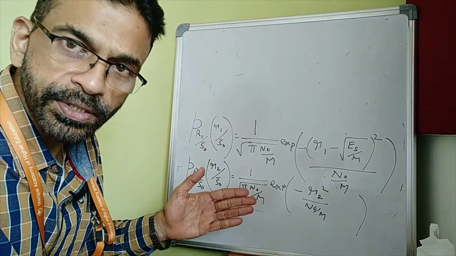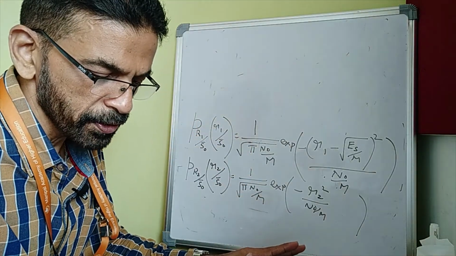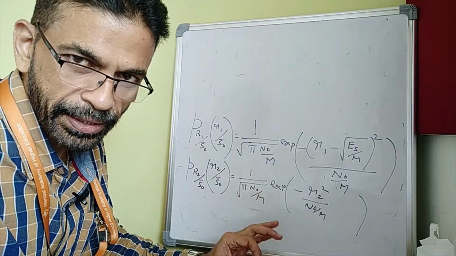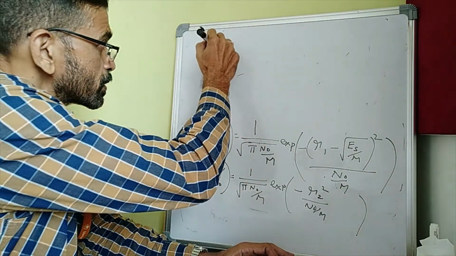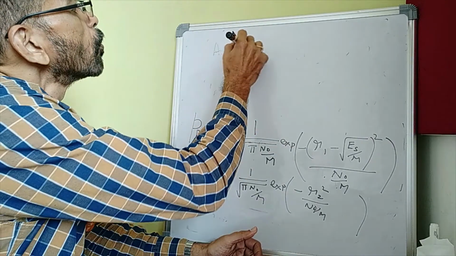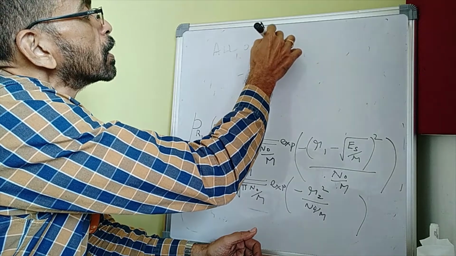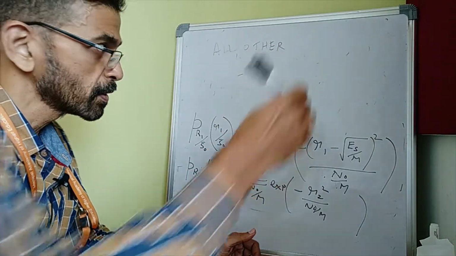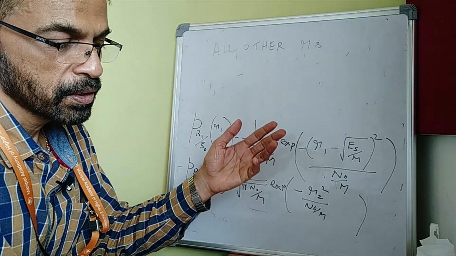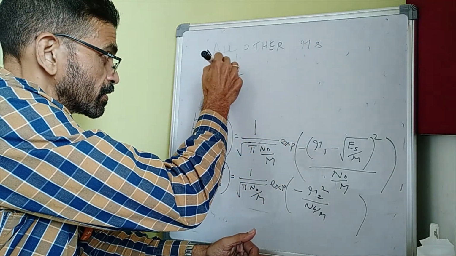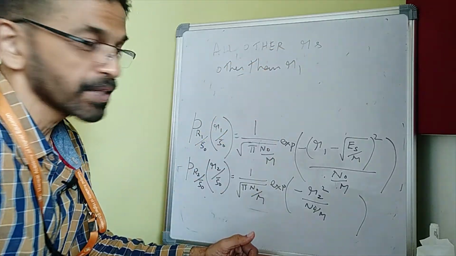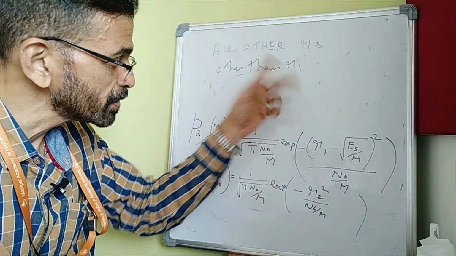So in this case, since S0 is assumed to be transmitted, the receiver will detect it correctly if all other R's, let me just emphasize it, all other R's other than R1 have a value less than R1.